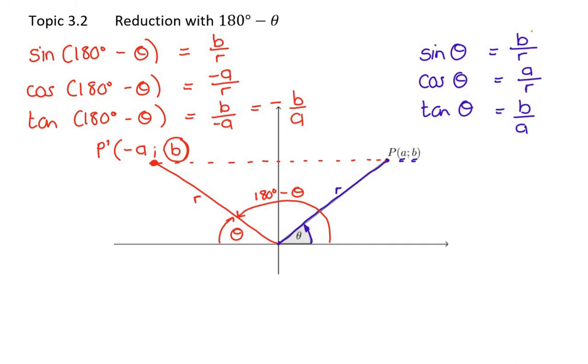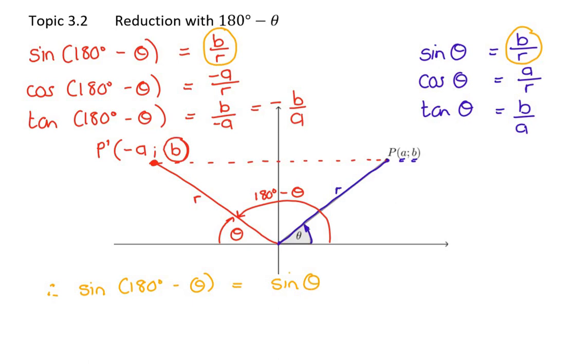The first relationship I see is that sine of theta is b over r, and if you have an angle which is actually 180 minus theta, sine of that angle is still b over r, because all that happened is I reflected and my y value did not change. So my conclusion is that sine of 180 degrees minus an angle can always be reduced to sine of that angle.